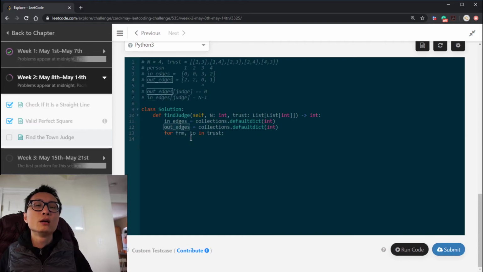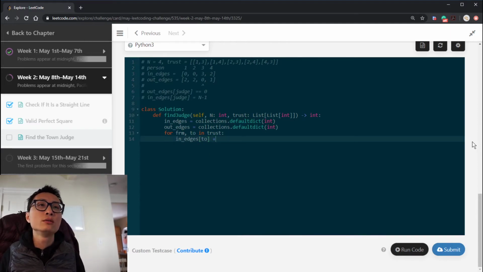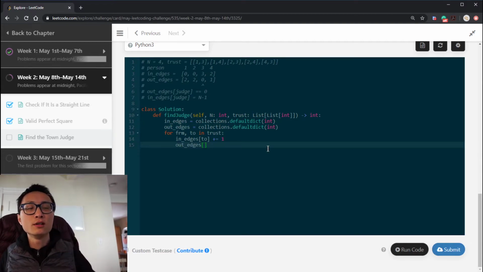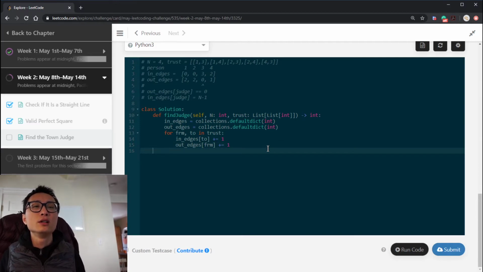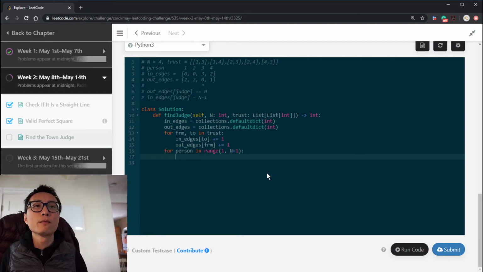For the incoming edge, we increment the person that's being pointed to, and for the outgoing edge, for the person that the edge originates from, we increment that as well. After this for loop processes all the edges inside this trust array, we check person by person.